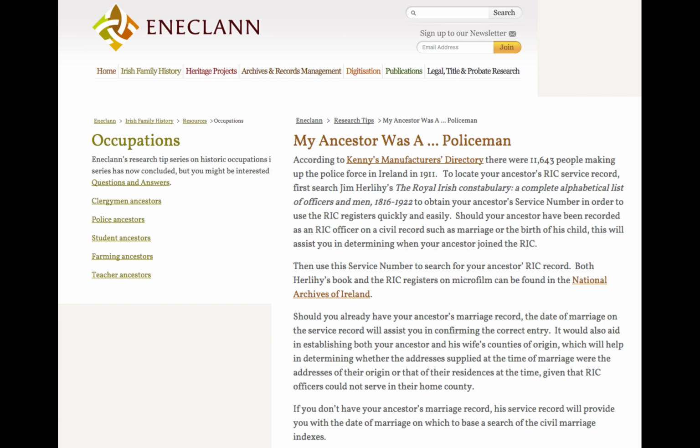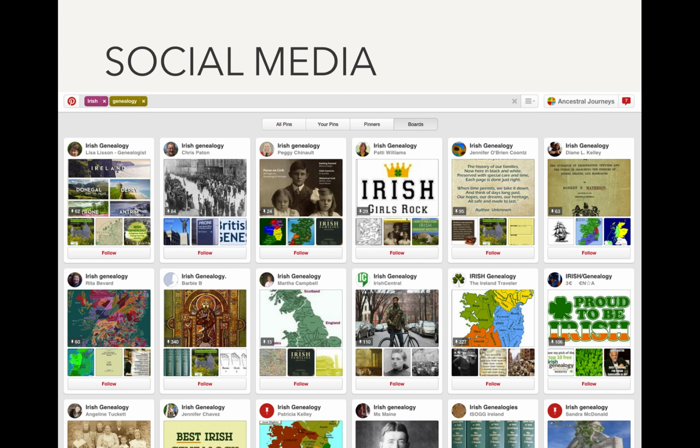So again, it's another useful way for us to learn for ourselves what common roles were in the Irish community. You can see off to the left, there's clergymen and farming and teachers and that kind of thing. It's a relatively minimal site in terms of resources, but it's definitely worth taking a look at and bookmarking so that if you ever find reference to one of these occupations, you can quickly go back to it.